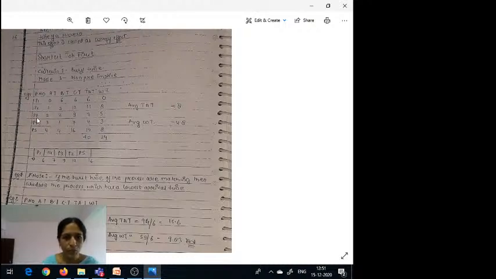So now P2, P3, P4, P5. Out of these 4 processes, which process is first selected by the short term scheduler? That means which process has the minimum burst time? P4 has the minimum burst time. This is selected first, that means 6 plus 1, 7. So the completion time for this P4 process is 7.